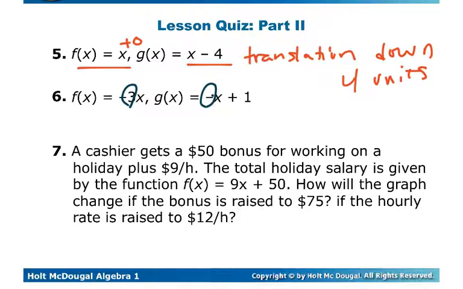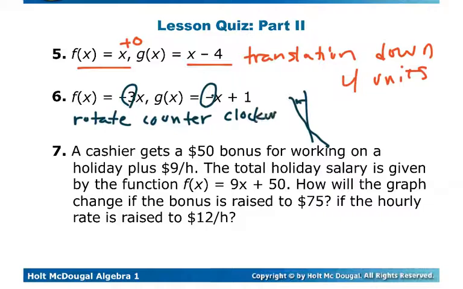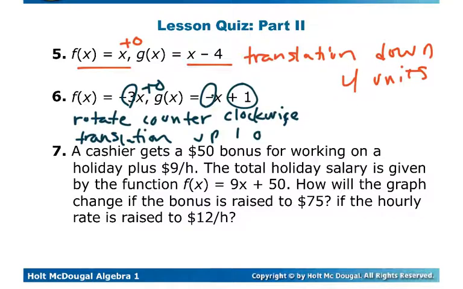So the slope going from negative 3 to negative 1 means that it's going to rotate counterclockwise. And then this 0 to a 1 means that it also translates up 1 unit. So it's going to rotate a little bit counterclockwise and then also be shifted up.